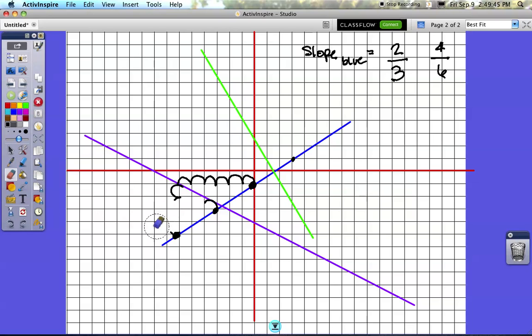Okay, we'll try to erase the blue line without erasing too much of the others. Now I want to do the green line. Now, visibly, I want you to notice that this line is going downhill.